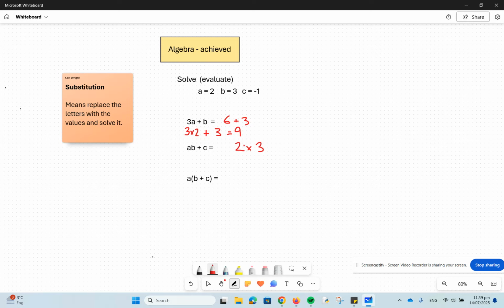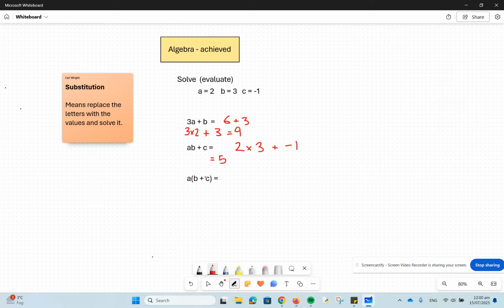And then I'm going plus, C gets substituted with -1. Okay, so order of operations, I have to do the what first? I have to do the times first. So 6 plus -1 is 5. So my answer would become 5. 6 minus 1 is 5. Easy, I get an answer.